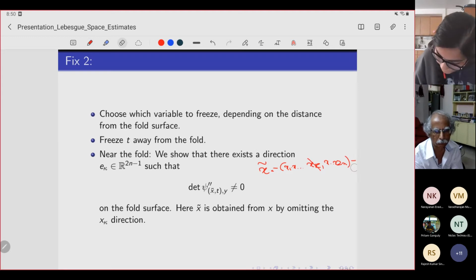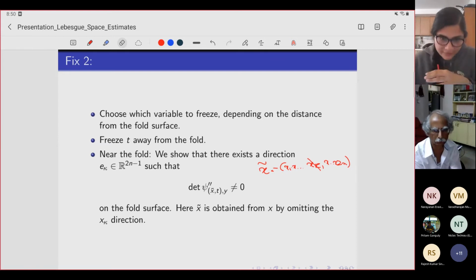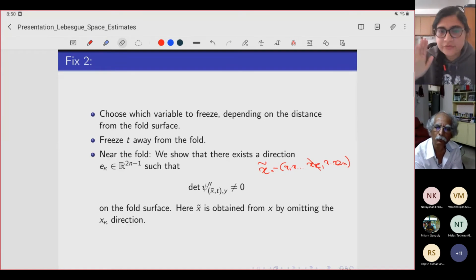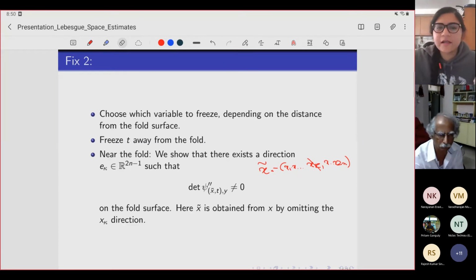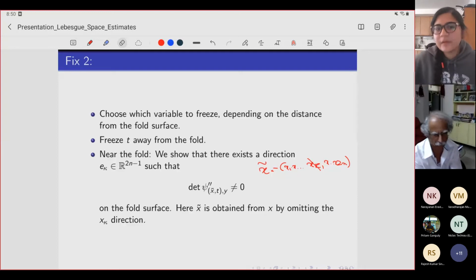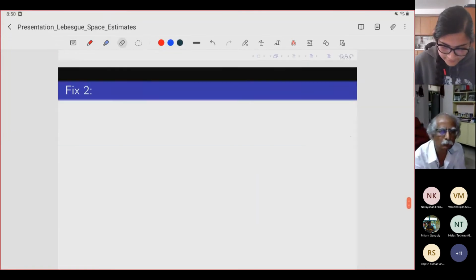So this is x tilde. And then you look at the mixed Hessian of psi with respect to x tilde, t, and then y. That determinant will not vanish on the fold surface. So you are using the time as a variable. You just freeze some other variable x kappa on the fold surface, and that would again give you nice L2 estimates. So this is the idea.